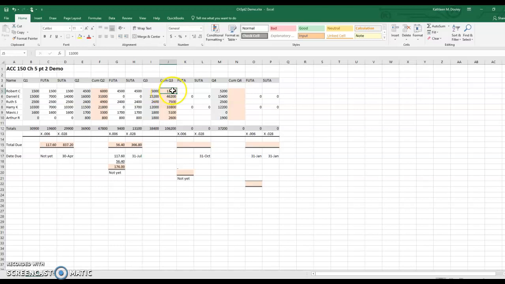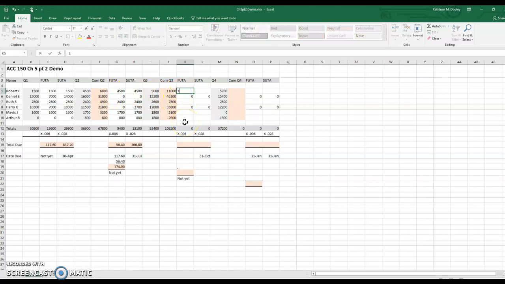Robert is now over the maximum, so I have to go back to the previous quarter's cumulative. So at that point he had 6,000. So I take the maximum 7,000 minus the cumulative 2, which was 6,000.